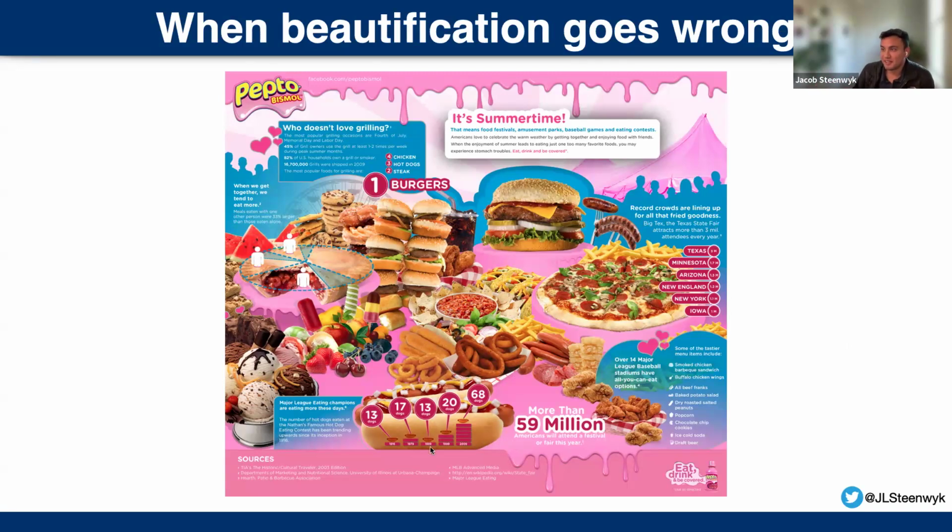For example, down here they have hot dogs, and against the backdrop of a hot dog, they have how many hot dogs were eaten during different eating competitions, where in 2009, someone ate 68 hot dogs. That's wild. But you can see this is just too overstimulating, overdoing it on the graphics here.